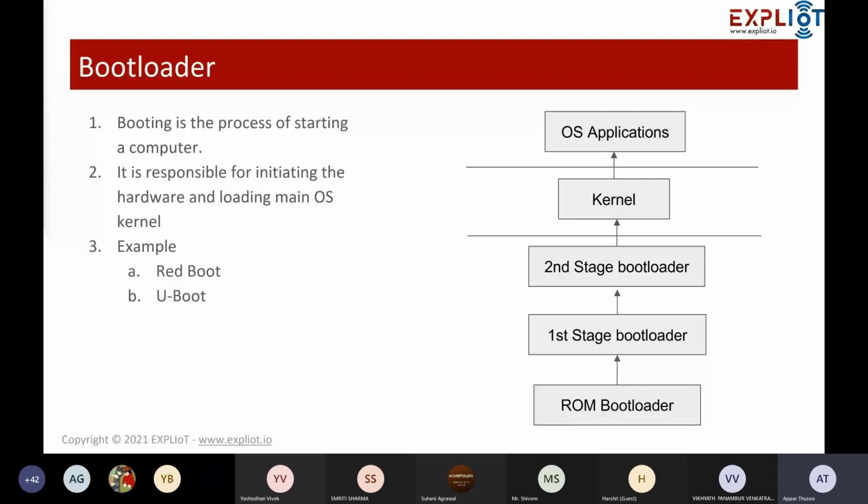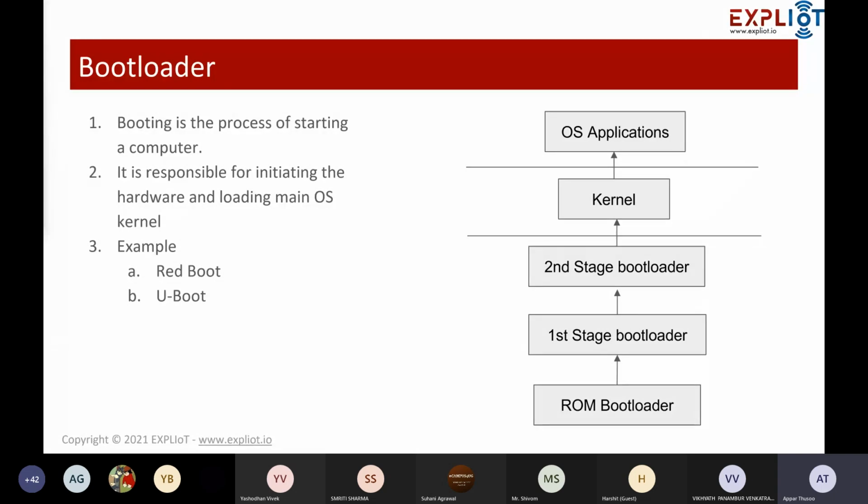Some of the other examples of bootloaders that you might have come across are Boot Manager, NTLDR, which is your NT loader, your Barebox bootloader, your boot.efi, and your bootx, which was one of the popular bootloaders in the Mac era.